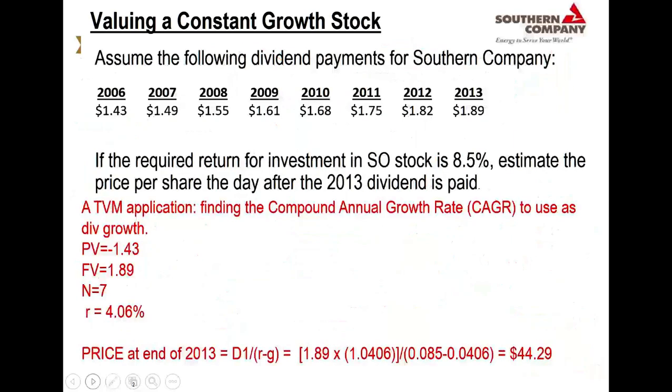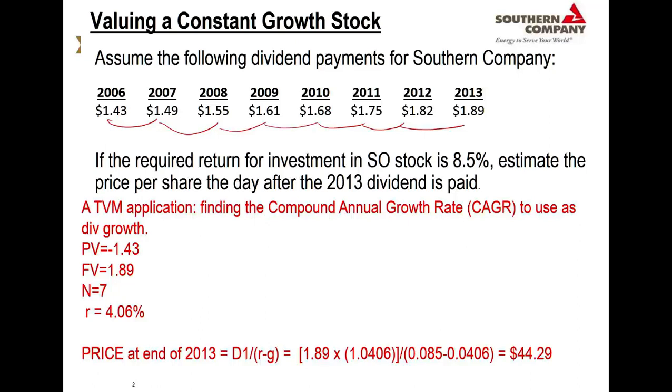All right, let's do another application. You have this company that has paid these dividends, and notice that these are different periods of time. So 2, 3, 4, 5, 6, 7, for the last 7 years, 7 periods. This is what you basically have observed in the form of dividend payments.